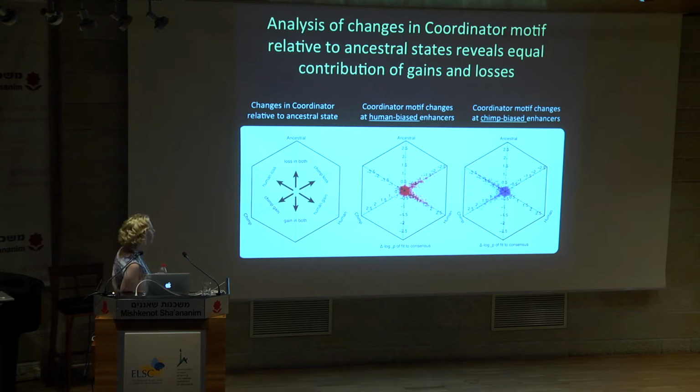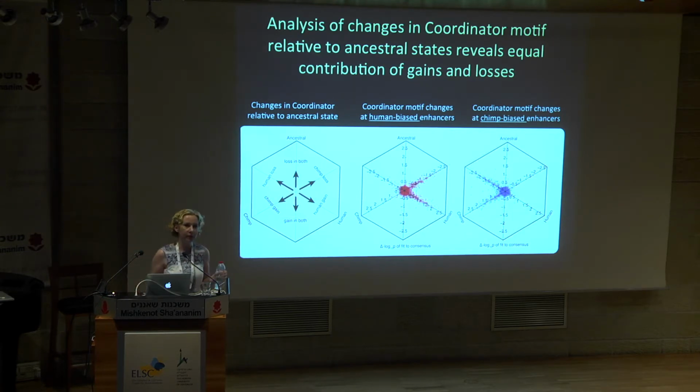And what we saw is that at the human biased enhancers, we saw prevalent contribution of either chimp losses or human gains, but very little human losses or chimp gains. And in contrast, at the chimp biased enhancers, we saw the prevalent contribution of human losses and chimp gains, but very little chimp losses or human gains.